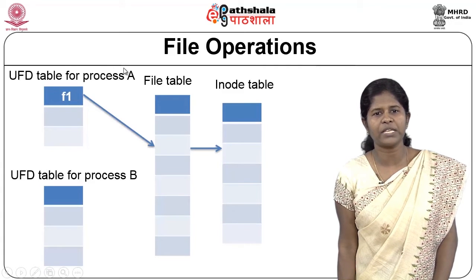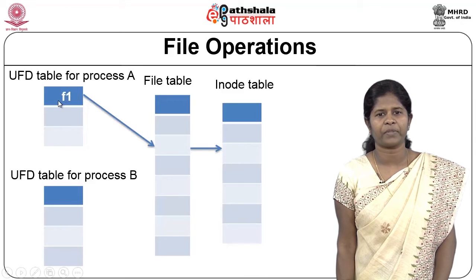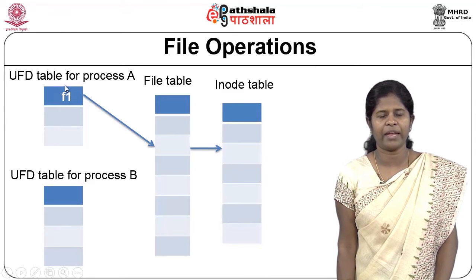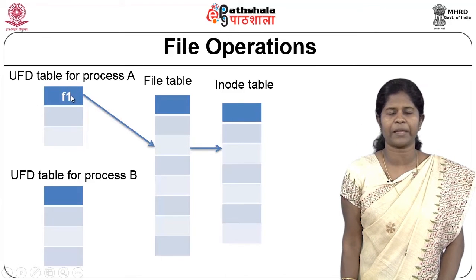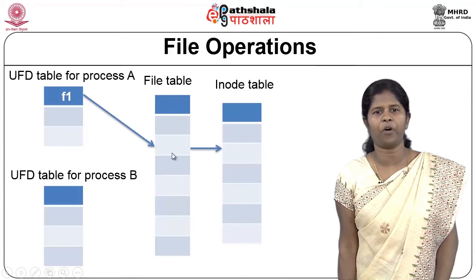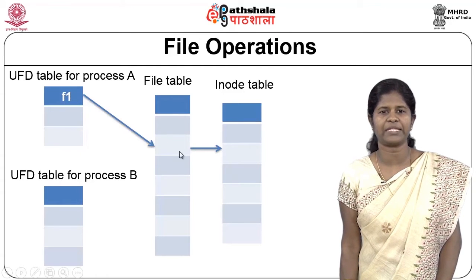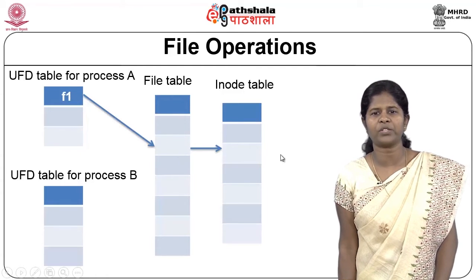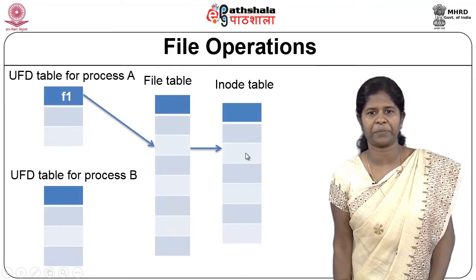Now, suppose process A opens a file. Then an entry will be made in the user file descriptor table for process A, and that entry will point to an entry in the file table corresponding to this particular file, say F1, and that will point to an entry in the inode table corresponding to that particular file F1.